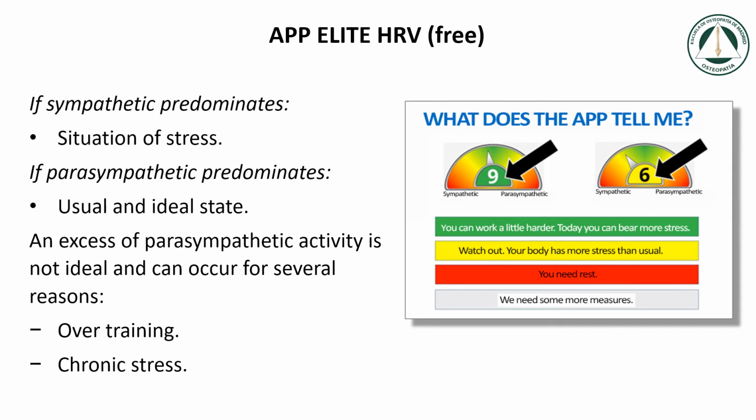Sympathetic dominance is observed in stressful situations, while parasympathetic dominance is the usual and ideal state. An excess of parasympathetic activity is abnormal, and can occur for various reasons, such as overtraining or chronic stress.